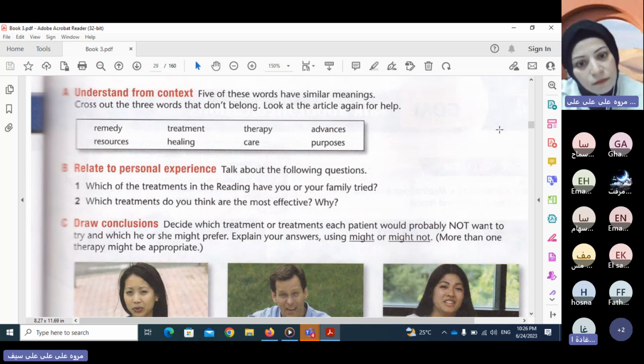They ask advice from a doctor, and the doctor says, you must have a surgery. So I think it's the most effective one. It's the mostly used one in our society. Actually, I haven't tried this one, and none of my family members have tried this before, thank Allah.